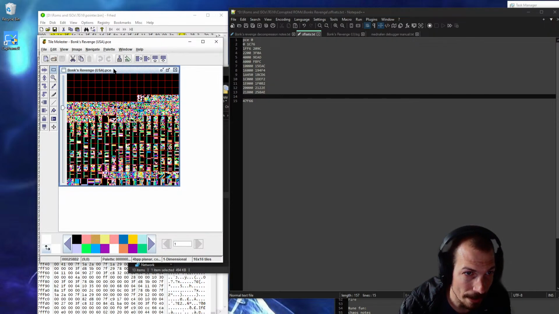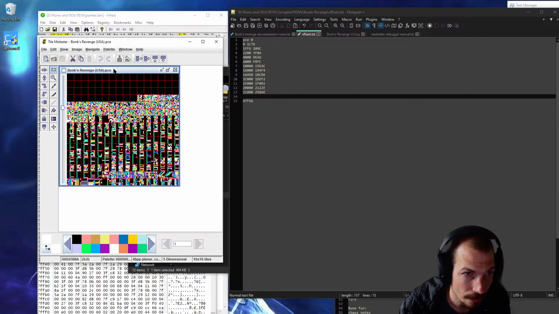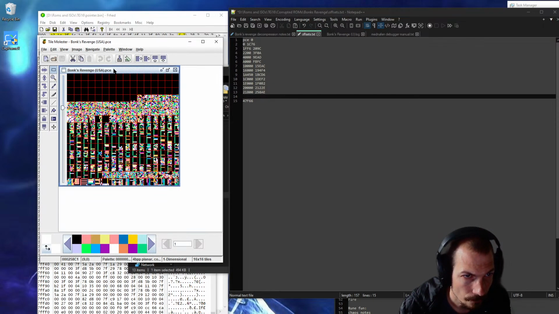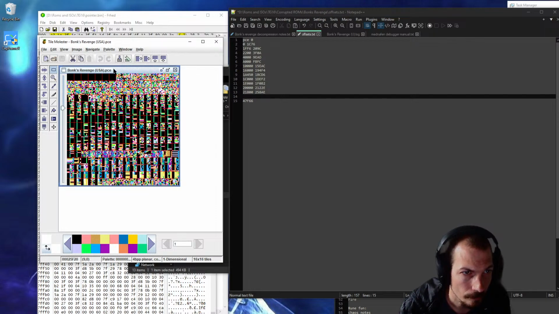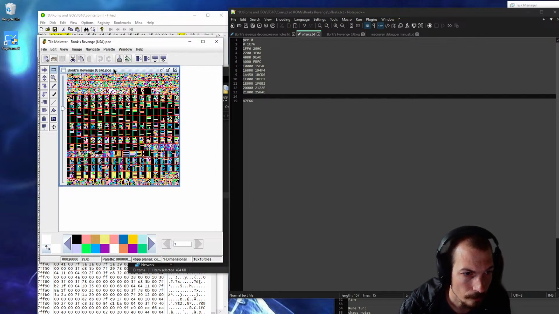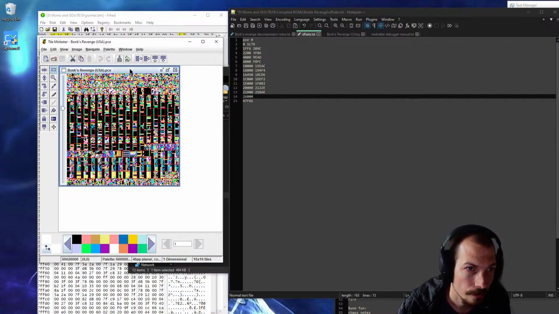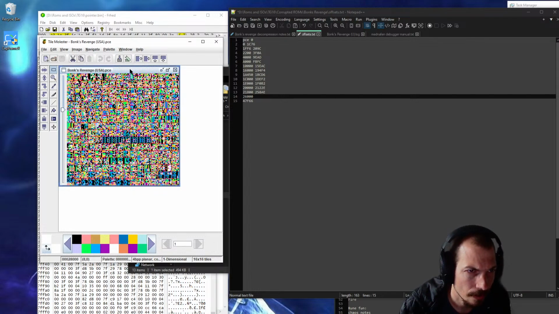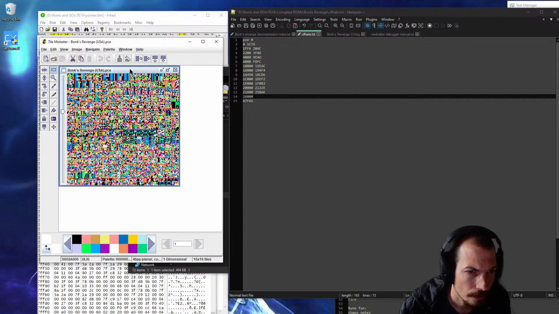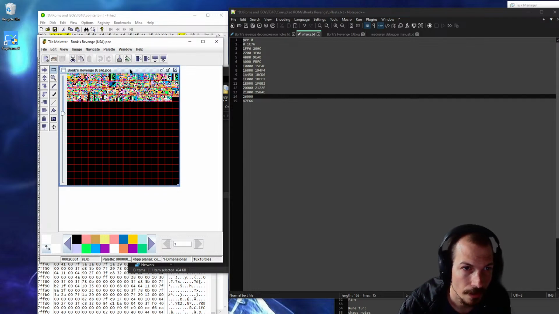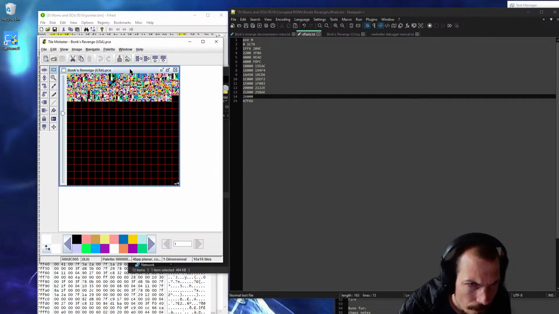So it probably goes back to being byte aligned again if I had to guess. Yep, it does. So 26. Bank's, yeah, I want to say that bank's good. And then super empty.